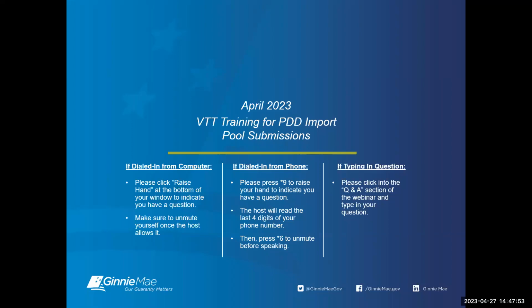Once you confirm that you can create a valid PDD file, and you pass both validations, structural and business rules, then you start to use SFPDM for your regular production pool submissions.